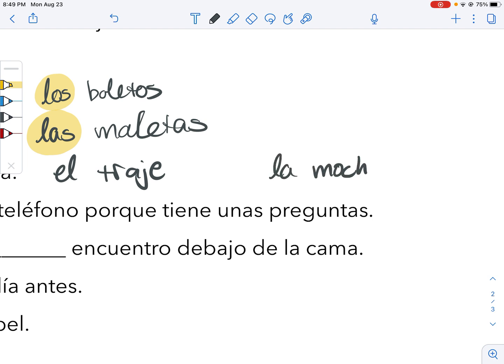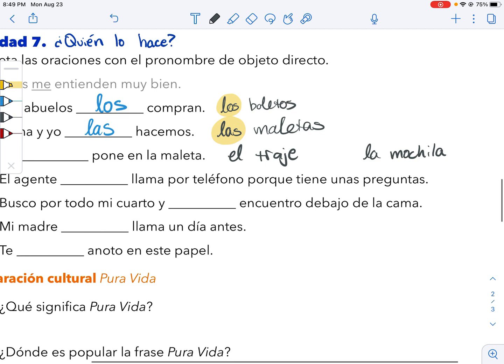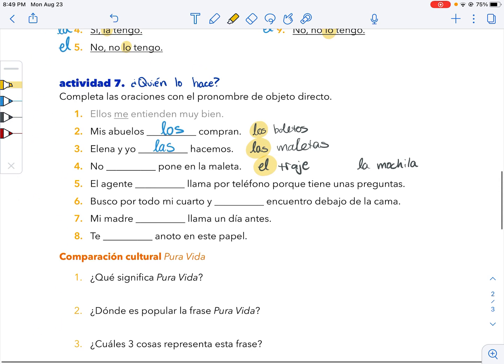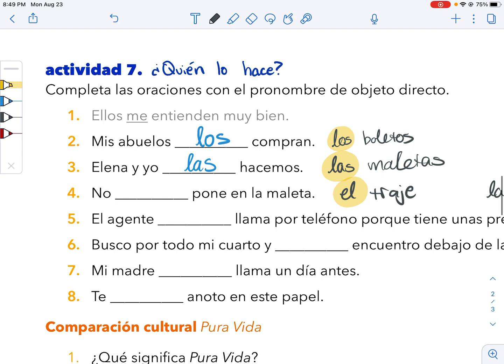Because straight up, maybe she packs her backpack in her suitcase. But I think we're talking about el traje, right? I'm not saying she doesn't put her backpack in her luggage. I'm saying she doesn't put her swimsuit in her luggage. We're going to go with that. So the direct object pronoun to match el traje is lo. No lo pone en la maleta. She doesn't put it in her suitcase.